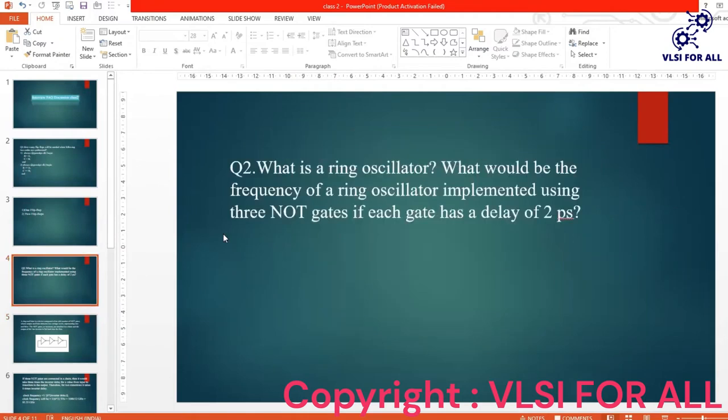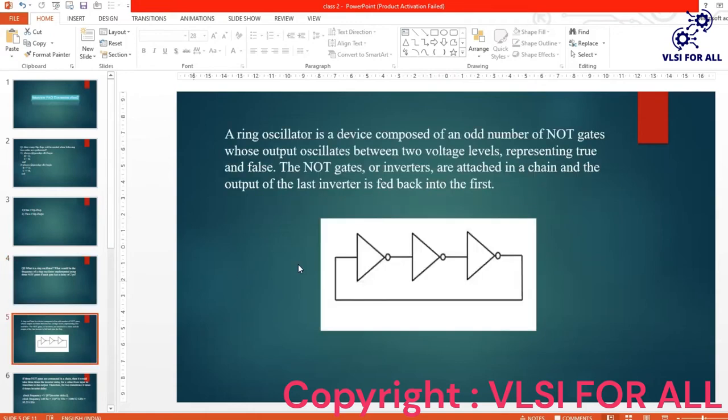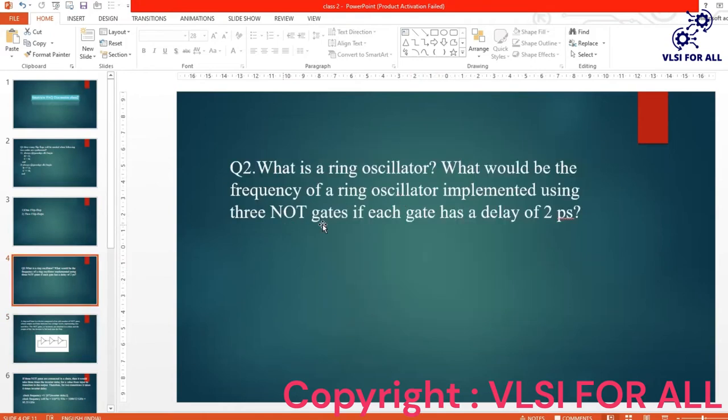As a sub-question, they have asked what would be the frequency of the ring oscillator implemented using 3 NOT gates if each gate has a delay of 2 picoseconds. So we are using 3 NOT gates here, and each gate has 2 picoseconds of delay. We have to find the frequency of the ring oscillator.